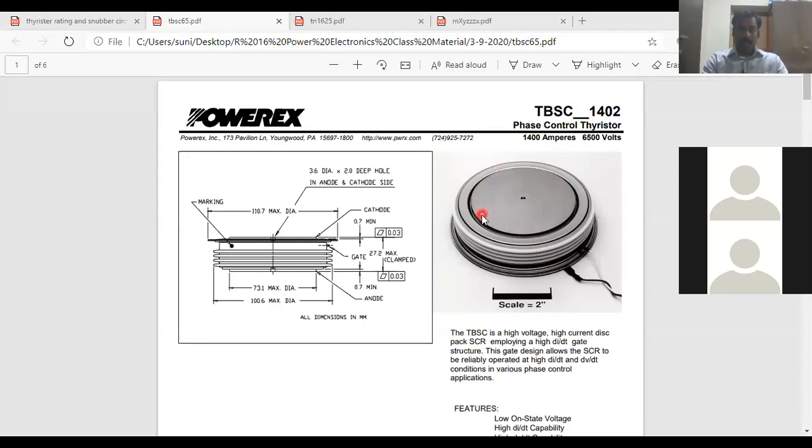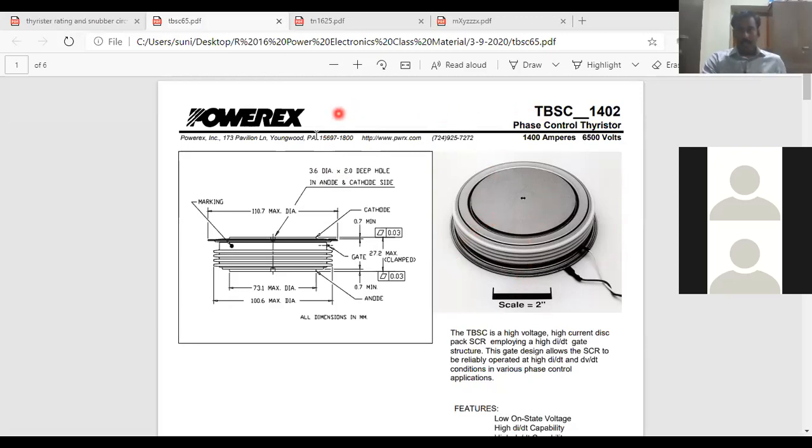The TYN simply represents the thyristor. If the voltage and current ratings are known for a required application, you may consider that, 600 volts, 606, 618, like that. You may get the PDFs which can be downloaded from different manufacturers. Or else simply type SCR operating for 6000 volts with a current rating of 2000 amperes, like that. In that case also you will get the specifications.